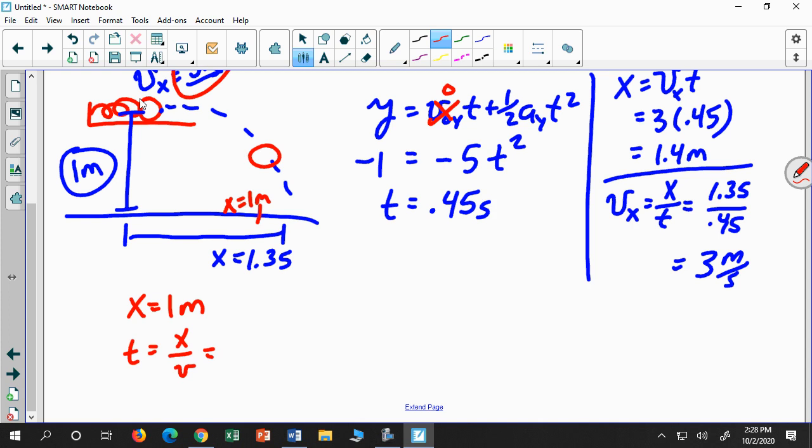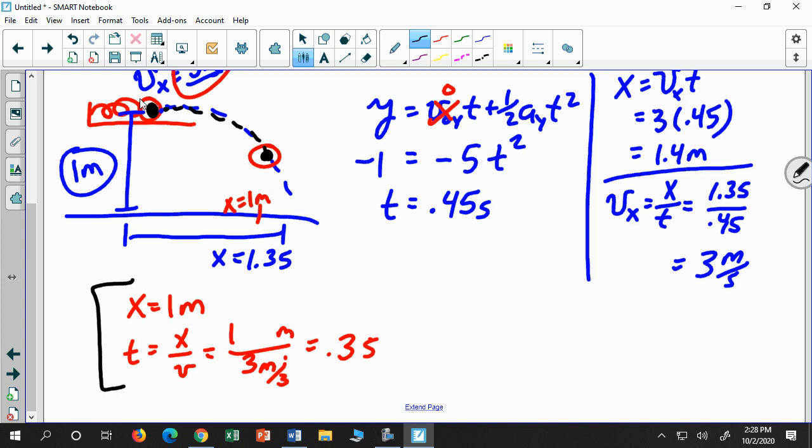So t is x over v, which is going to be 1 meter divided by 3 meters per second, or 0.3 seconds. So the time that it takes to go from here out to here is 0.3 seconds, and we use our x motion to find that out.